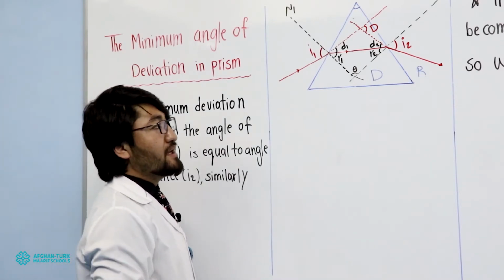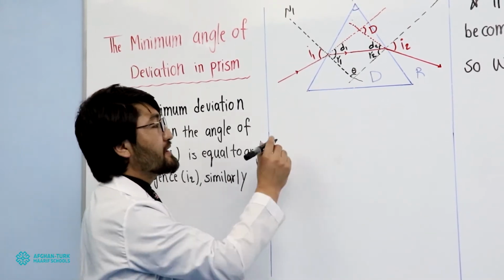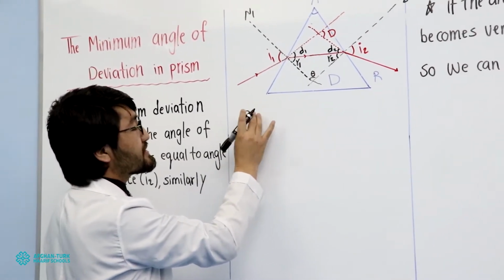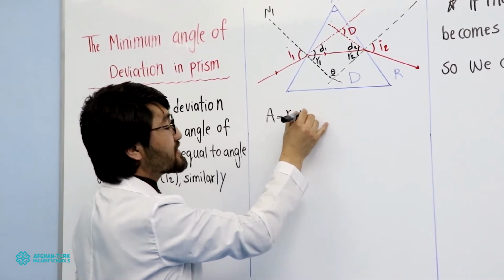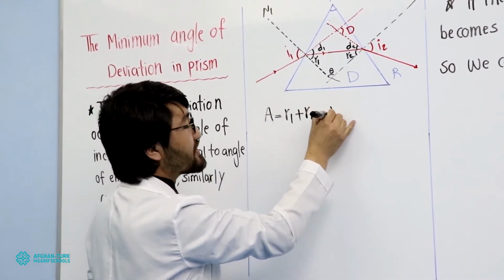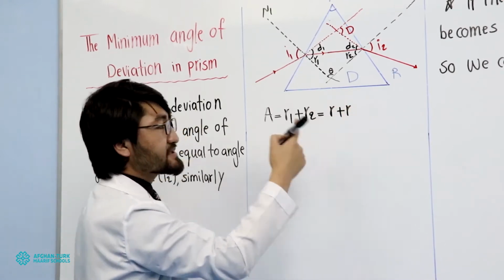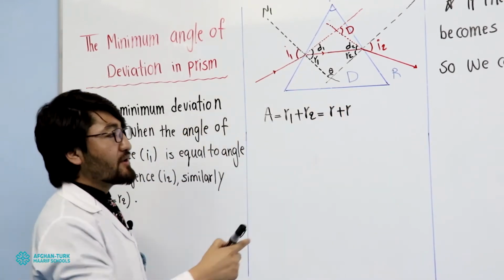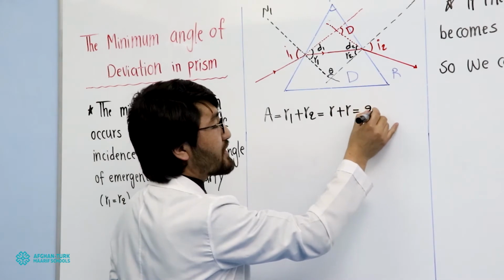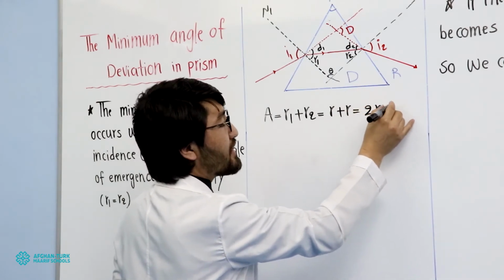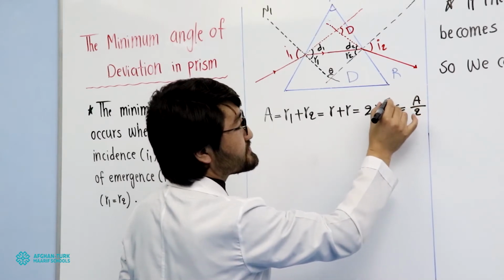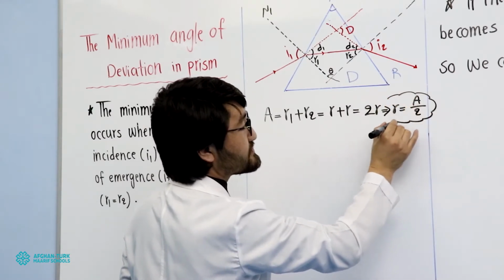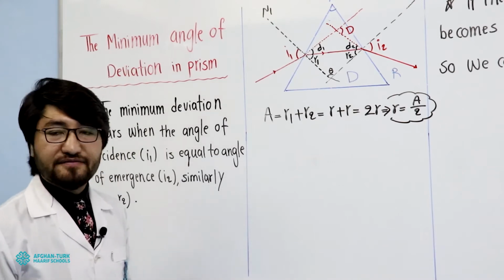Here we have a formula: A is equal to R1 plus R2. I will write R plus R because R1 is equal to R2. So we have 2R, and R is equal to A over 2. This is the angle of refraction.